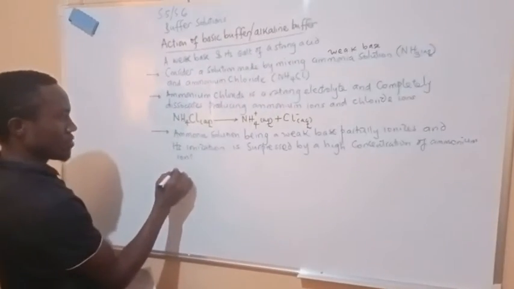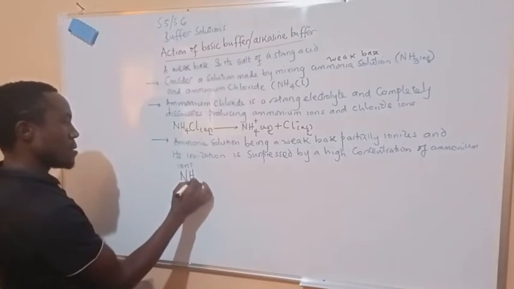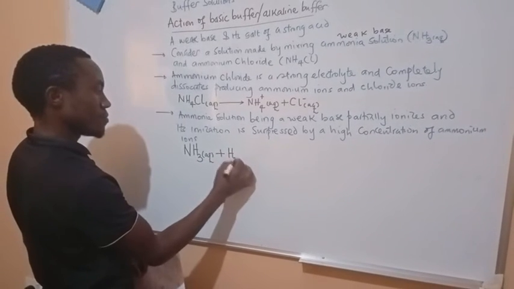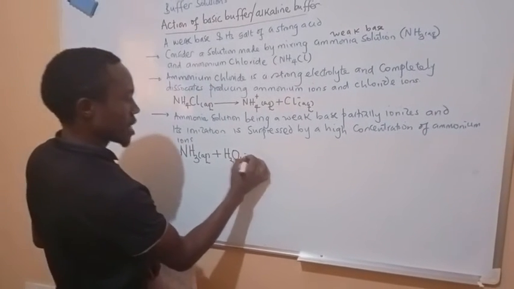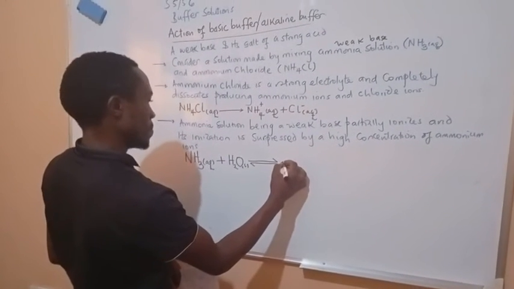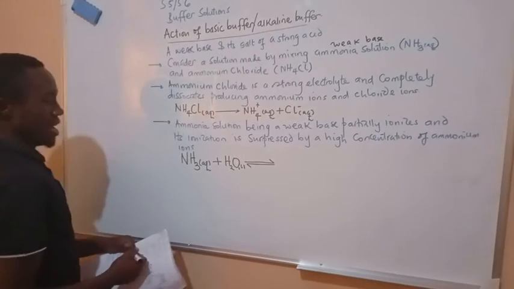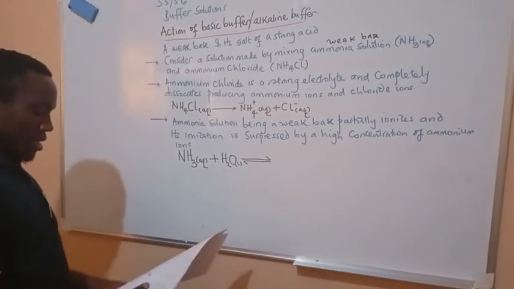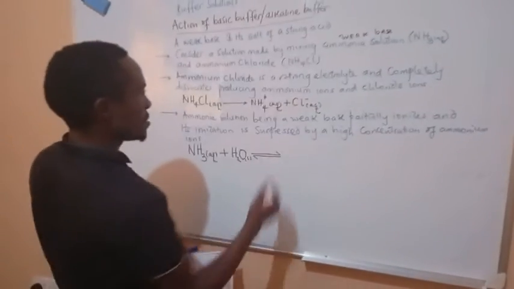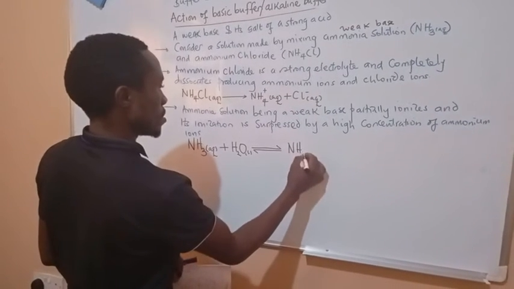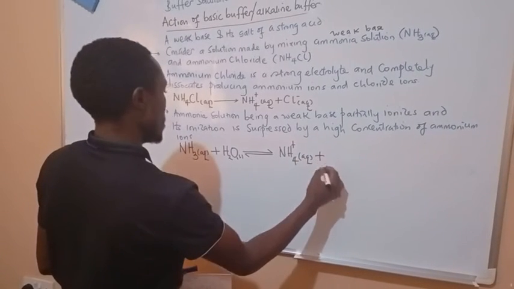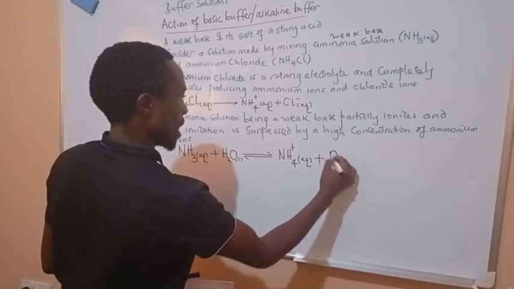So for the equation, we shall have our ammonia molecules ionizing in water, and being a weak base, it will partially ionize, producing ammonium ions and hydroxide ions.